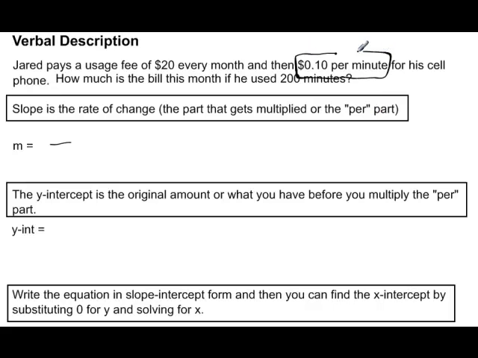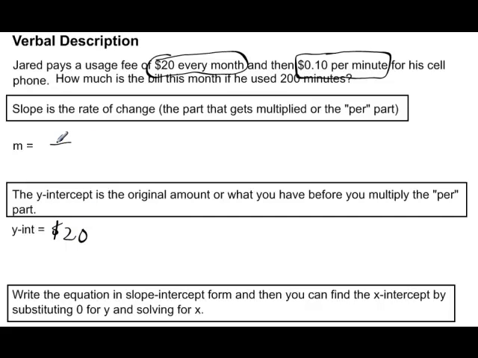In order to figure out your cell phone bill, you multiply your minutes times how much per minute. We know that the y-intercept is the original loan, or what you have before you start multiplying. In other words, what do I do just one time each month? Well, that's pay this $20 fee. So that's your y-intercept.